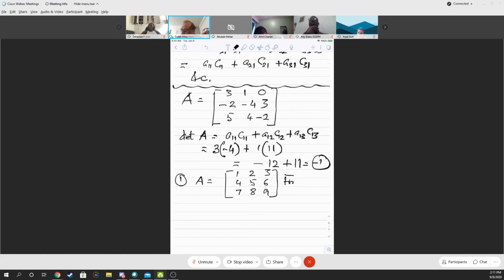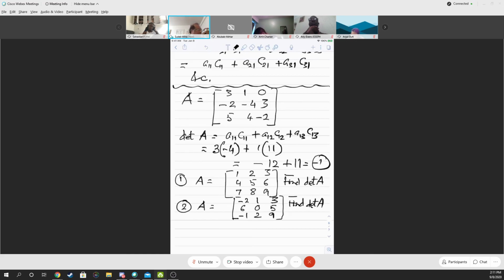Find the determinant of A. Number 2: minus 2, 1, 3, 6, 0, 5, minus 1, 2, 9. Find the determinant.